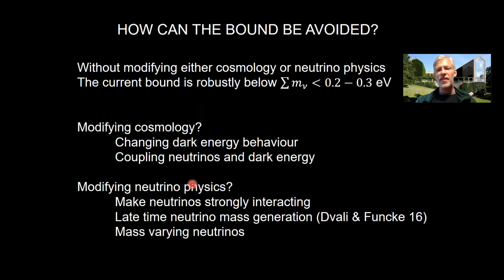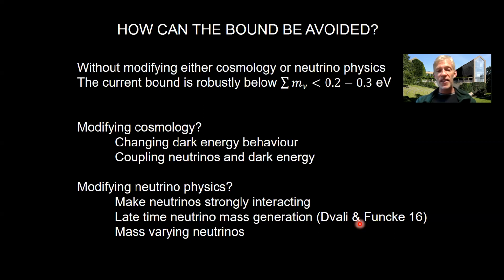You could also think of modifications to neutrino physics, which from a particle physics point, of course, is a very interesting possibility. You could make neutrinos strongly self-interacting. You could have models in which the neutrino mass is an emergent feature. For example, there's the model of Dvali and Funcke, where they have basically a late-time neutrino mass generation.